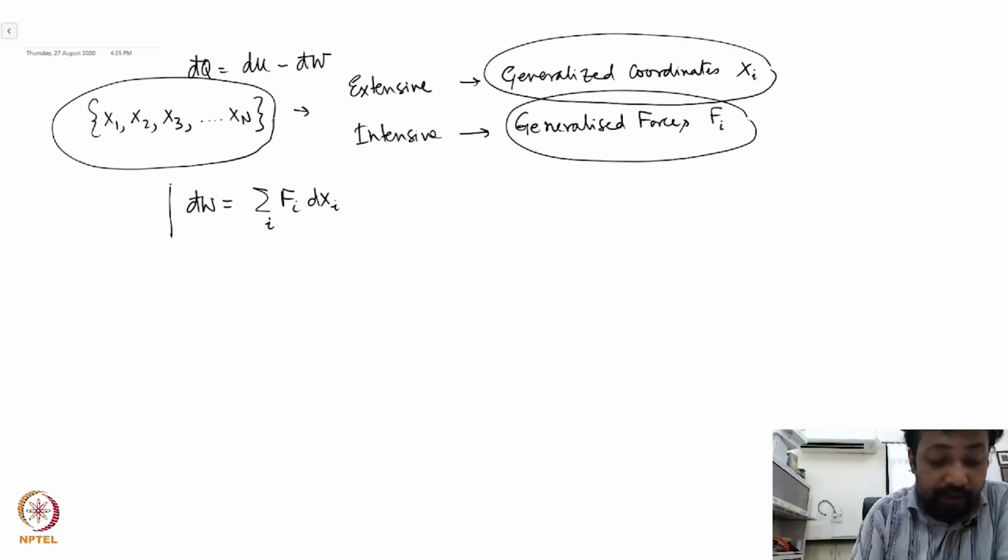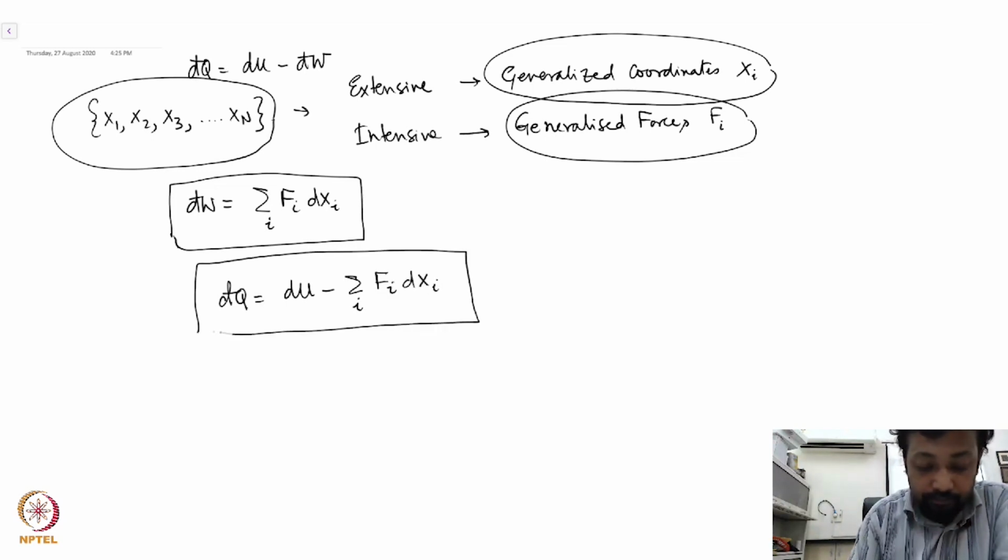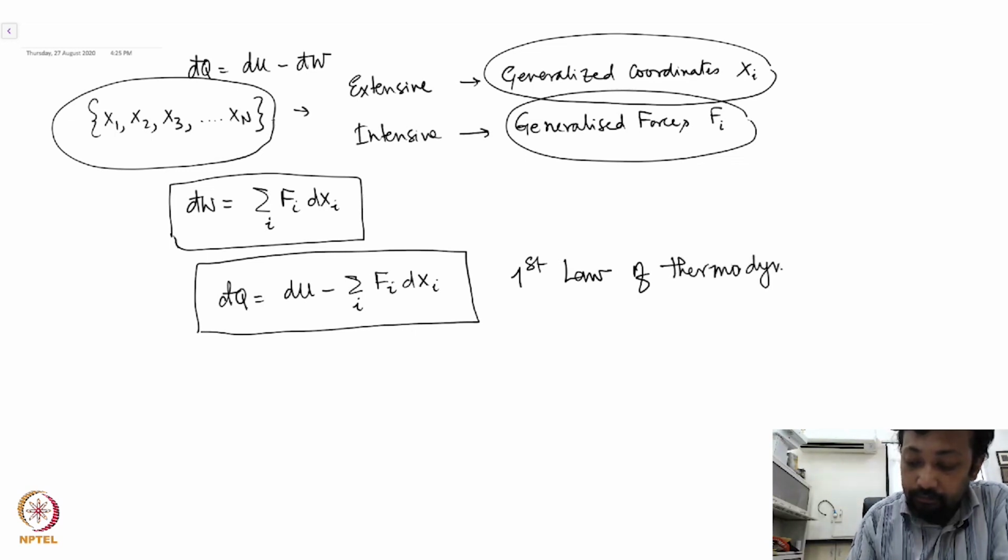Once you have identified them, you can write down the work done this way, and it follows that your first law takes the form dU plus the sum over i of fi dxi. First law of thermodynamics.